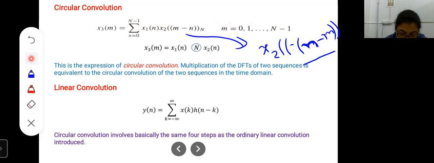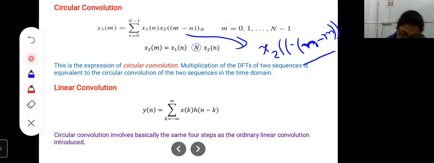Previously, you also know there is another convolution, that is the linear convolution. Between these two there is some difference. Before discussing that difference, first see this expression of linear convolution.